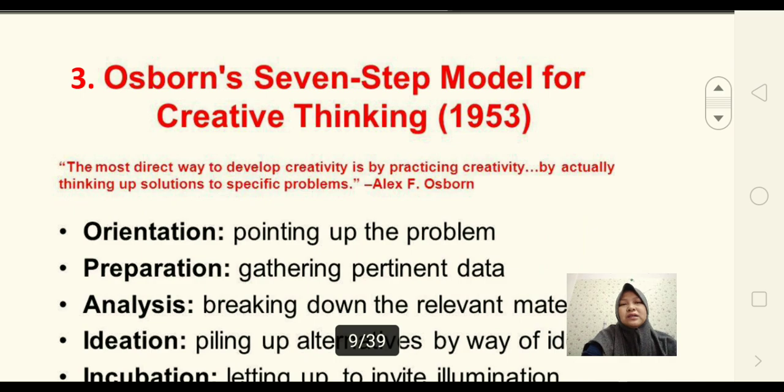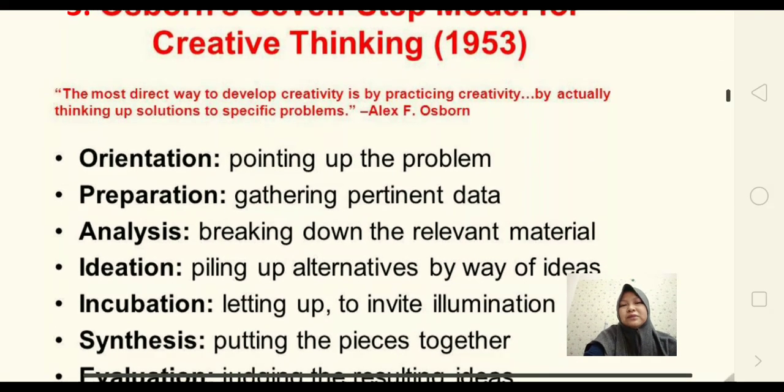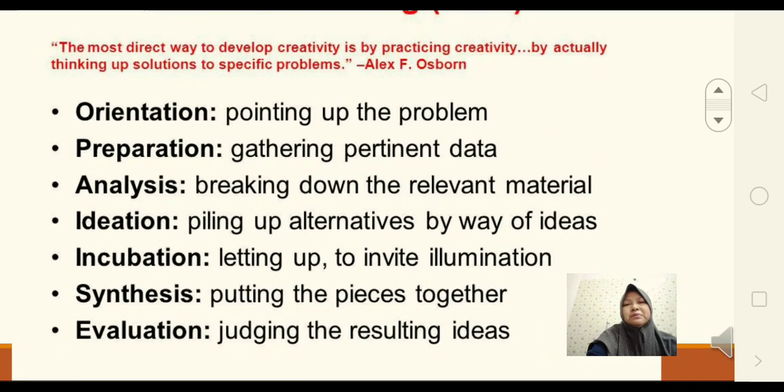Then Osborne's 7-step creative thinking model. There are orientation, preparation, analysis, ideation, incubation, synthesis, and evaluation. It has been explained there. Orientation means pointing out the problems, identifying what the main problems are and putting them in order of priority.